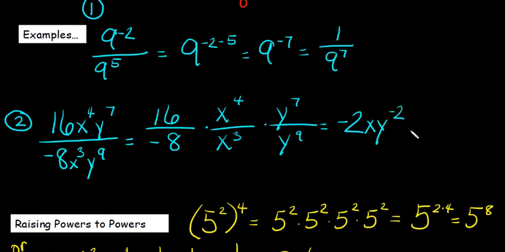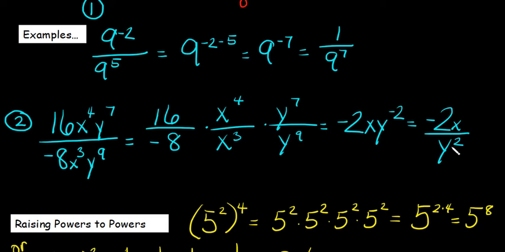Now, since I know this negative 2y really means 1 over y squared, I can turn this into negative 2x over y squared. And that's how that simplifies after we divide.